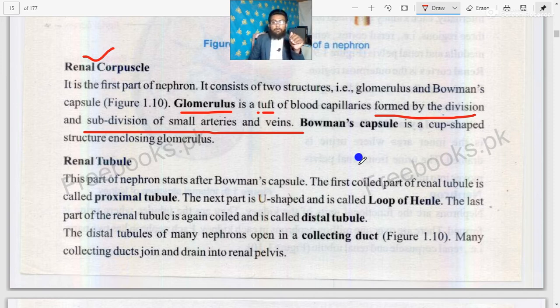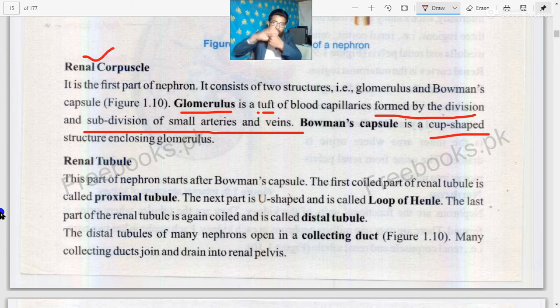Dear cadets, Bowman's capsule, next part. Bowman's capsule is a cup-shaped structure enclosing glomerulus. Dear cadets, it is a cup-shaped structure, which encloses the tuft of capillaries in it. This hand acts like a cup-shaped structure.